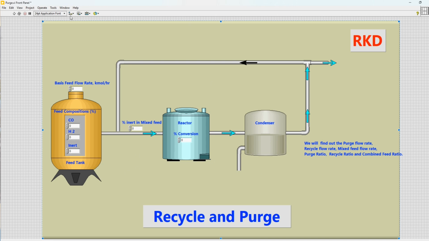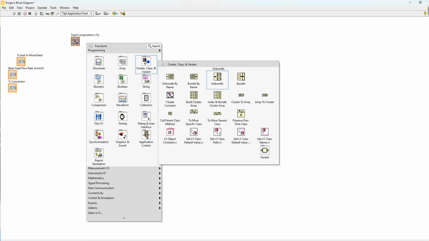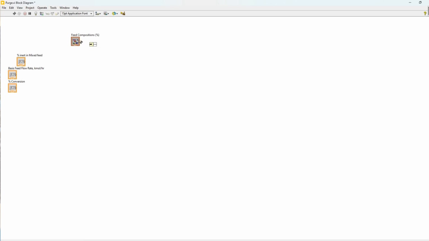So now go back to the block diagram, and from here first of all I'll take CO, H2, inert.